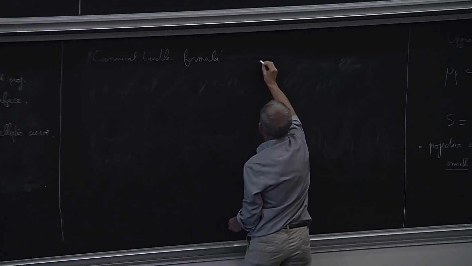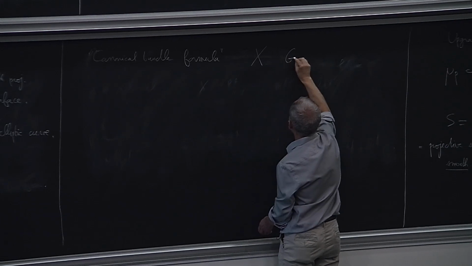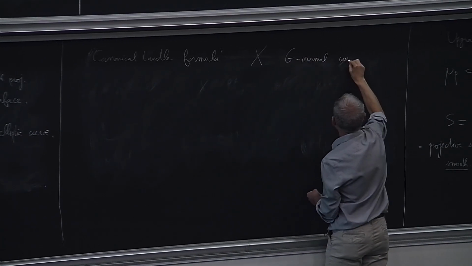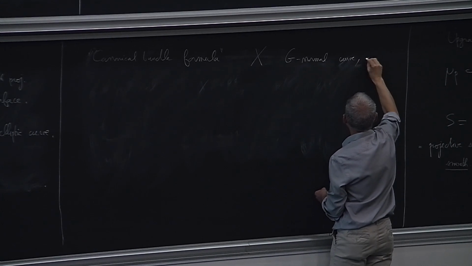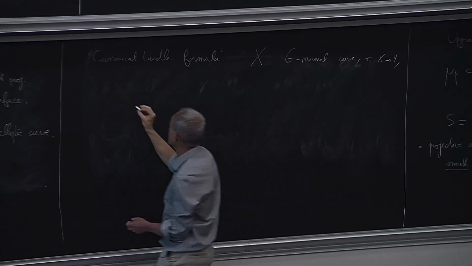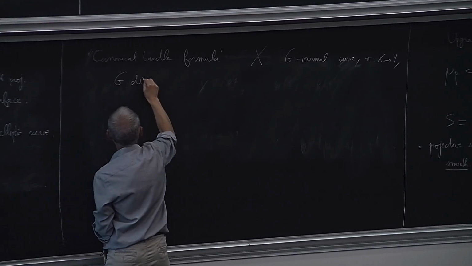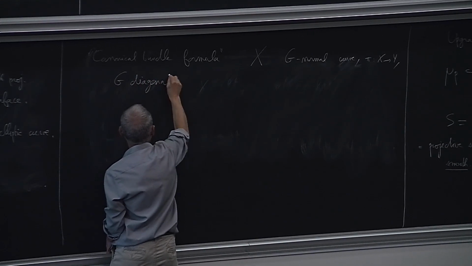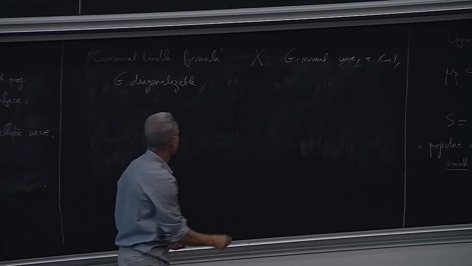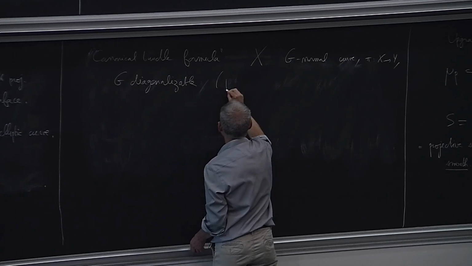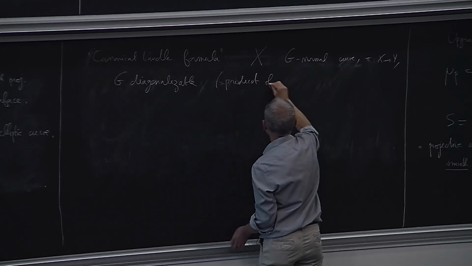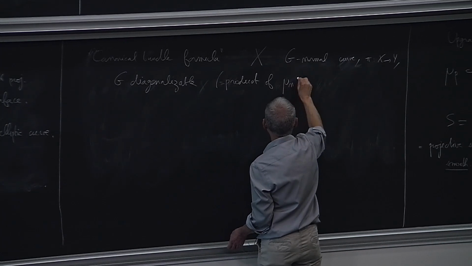So you take a G normal curve, assume G is diagonalizable, which means concretely it's a product of cyclic groups.